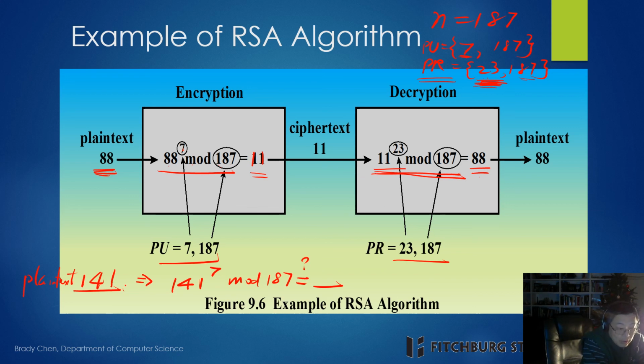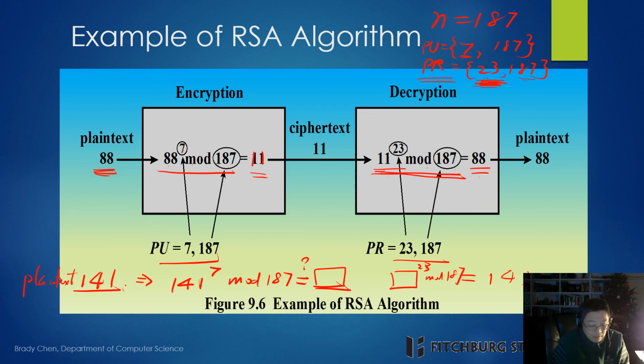Once you get this ciphertext, you can verify it by raising it to the 23 mod 187, and you are guaranteed that this is going to be 141. Whatever number you got, to the 23 mod 187 is going to give you 141.